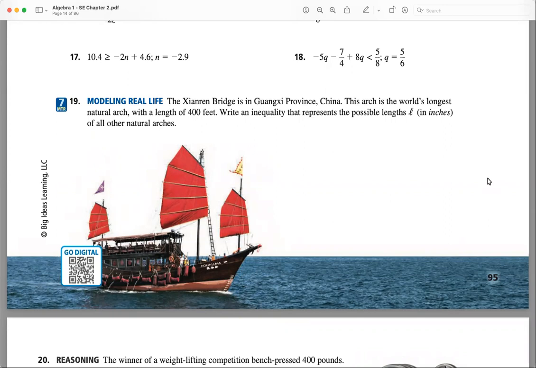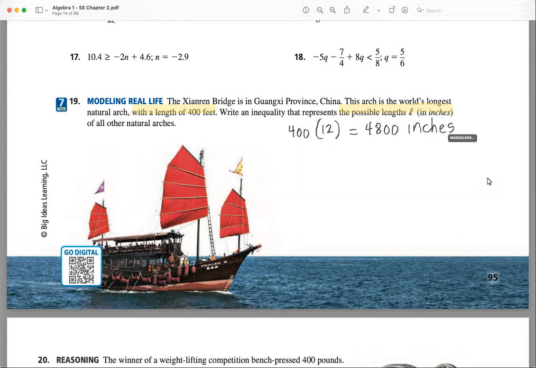Okay, so the first thing they tell us is length in inches. And they gave me a length of 400 feet. So I cannot write the inequality unless I convert my feet to inches. So 400 times 12 equals 4,800.